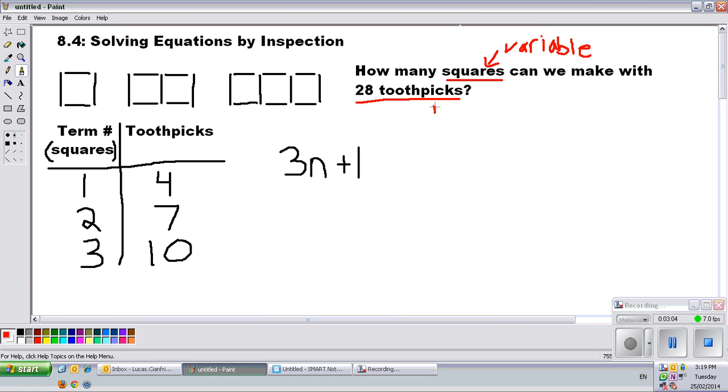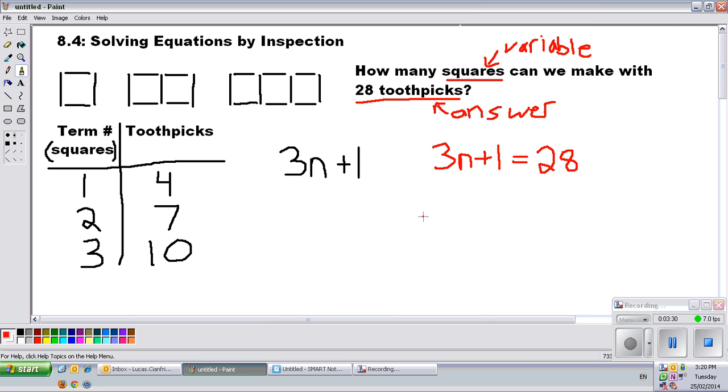And the amount of toothpicks is our answer. So in this question, we have 3n plus 1 is our algebraic expression, equals 28, the total number of toothpicks we need.